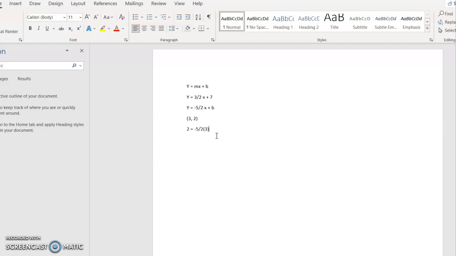Now, be careful with your fractions here. Negative 5 halves has to multiply by 3 over 1. So multiply top, multiply bottom. That's negative 15 halves right there. And if we want to, we can change that into a decimal, which is going to be negative 7.5. Easier to deal with.